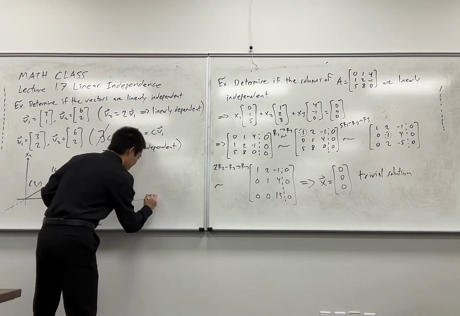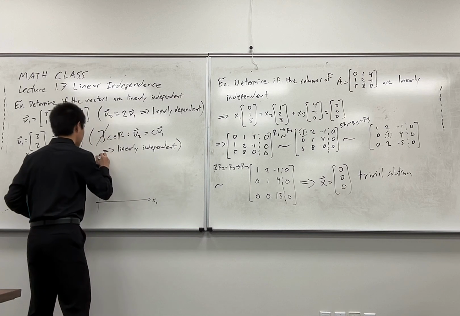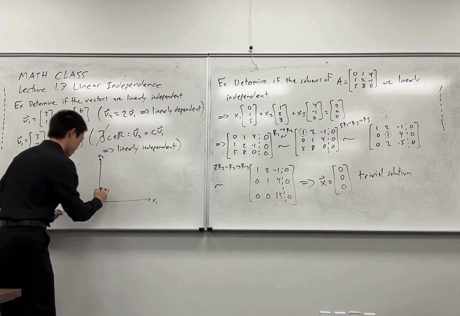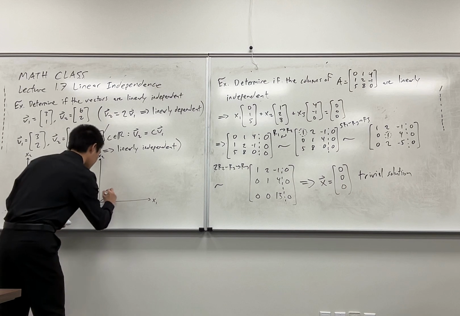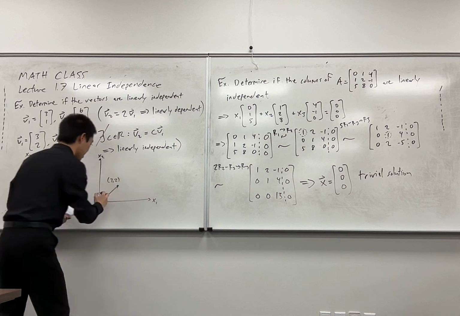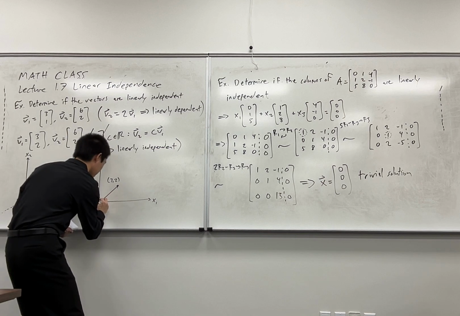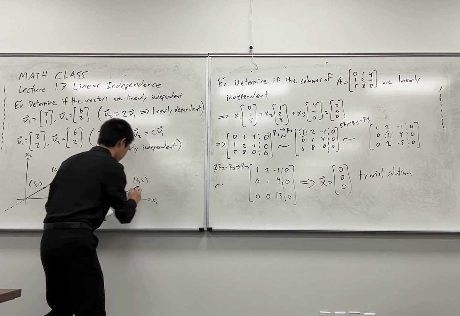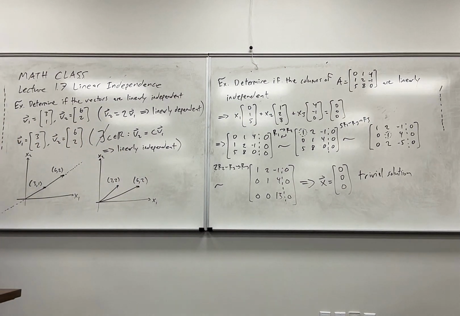Let's look at the second scenario, where I had (3, 2), and then I had (6, 2). Much different visual picture going on here, okay?